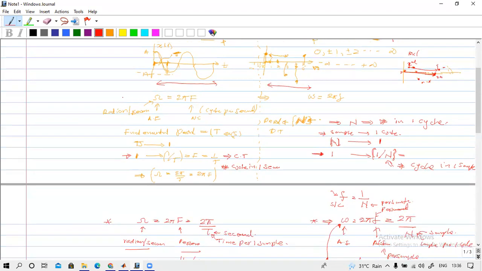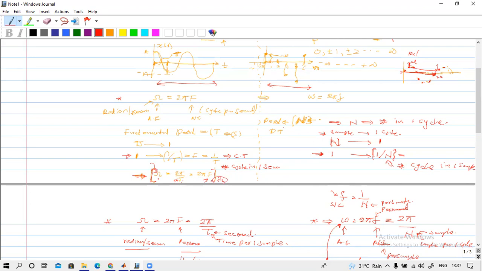This is the relationship between the angular velocity, frequency and period of a continuous signal: omega is equal to 2π by T, and it is equal to 2πf. Keep this in your mind, and you should know the units of omega, T and f. T is in seconds, so omega will be radian per second, and f will be per second, hertz.